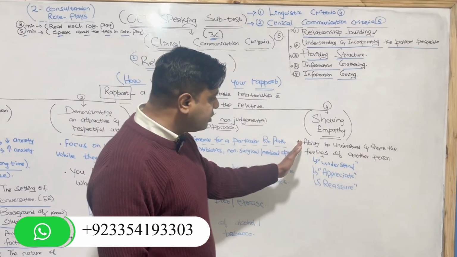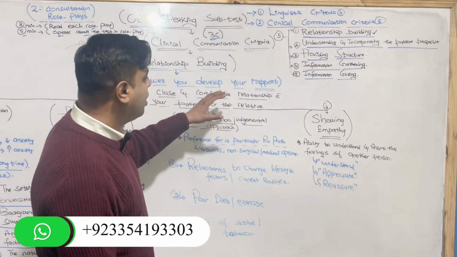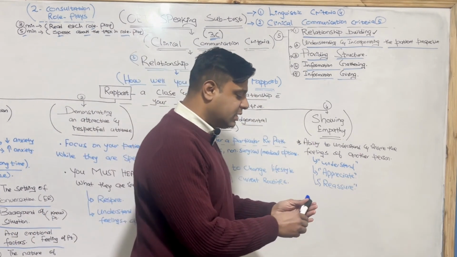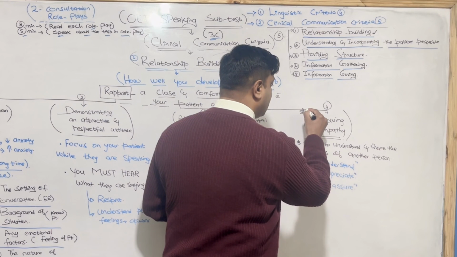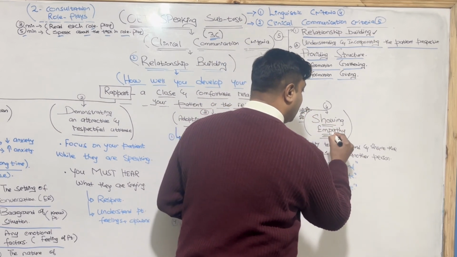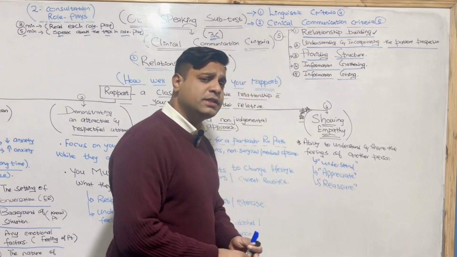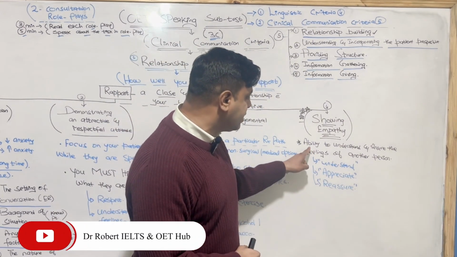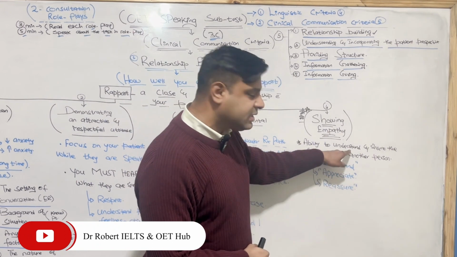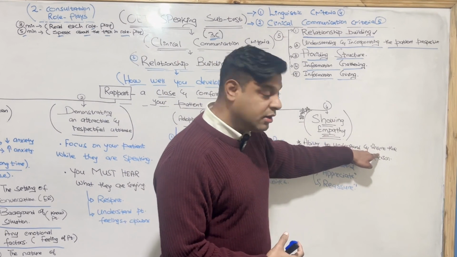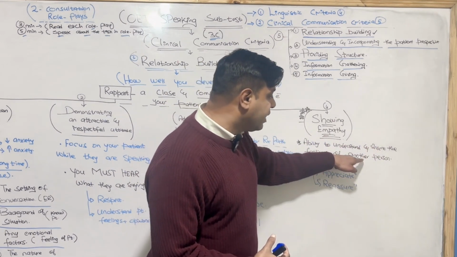Now, the fourth thing which you need to do in relationship building, and that is extremely important, is showing empathy. What is the meaning of showing empathy? The meaning of showing empathy is the ability to understand and share the feelings of another person.